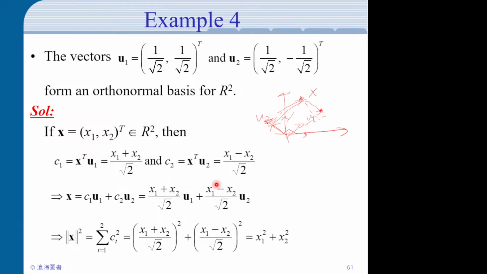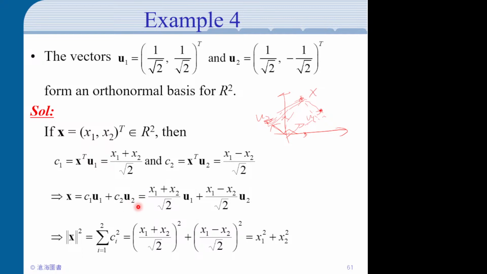Then we add it back to check that things are actually correct. We think x is c1 u1 plus c2 u2, so we transform back to the standard basis. So it's 1 over square root 2 times x1 plus x2 times u1, plus 1 over square root 2 times x1 minus x2 times u2.